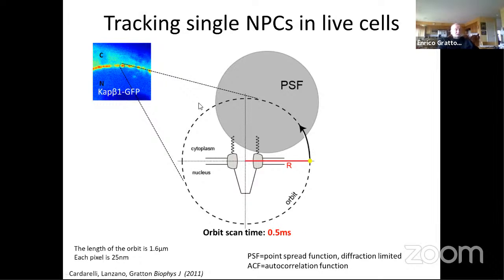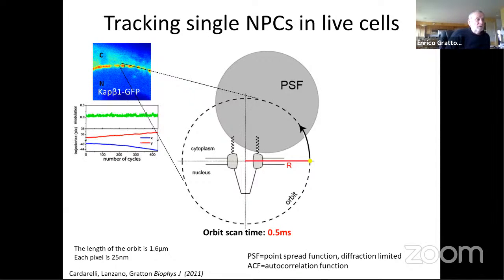So every 0.5 milliseconds, we do the complete orbit. If we measure along the orbit, for example, 128 points, every point will be about a microsecond or something like that. So this is how the experiment will be done.